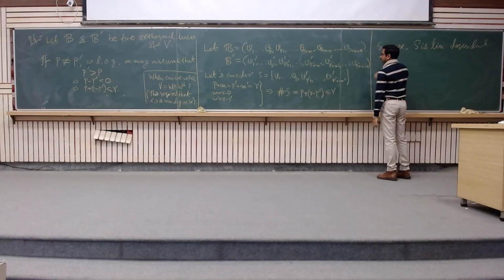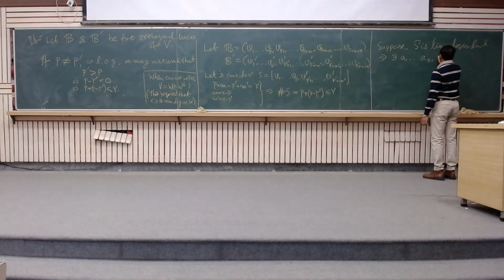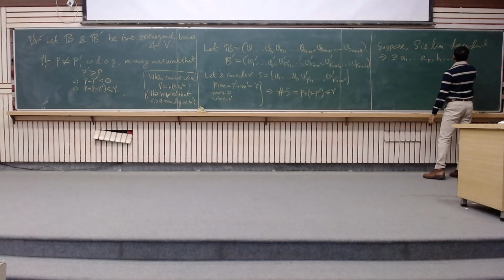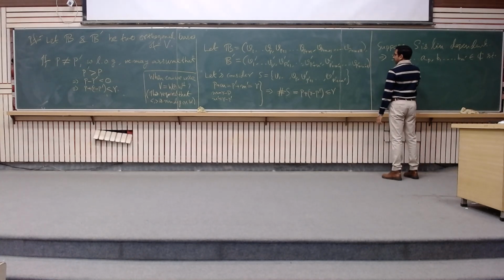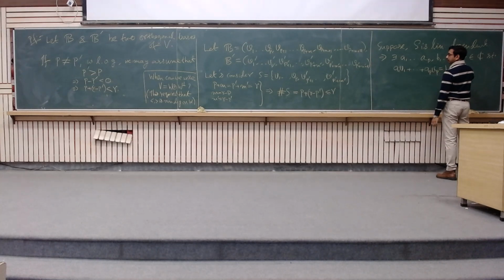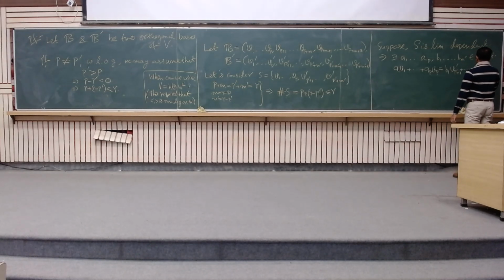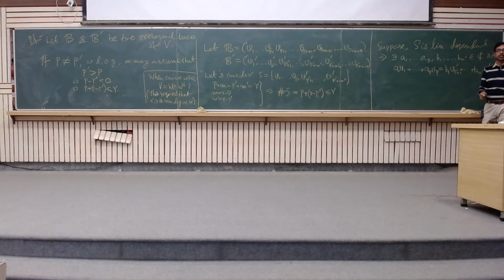That implies there exists a linear combination, there exist a1, ..., ap and b1', ..., bm' in whichever field we are considering, so we are considering C, such that a1 v1 + ... + ap vp equals b1' v'_{p'+1} + ... + bm' v'_{p'+m'}. And this is going to give us a contradiction.